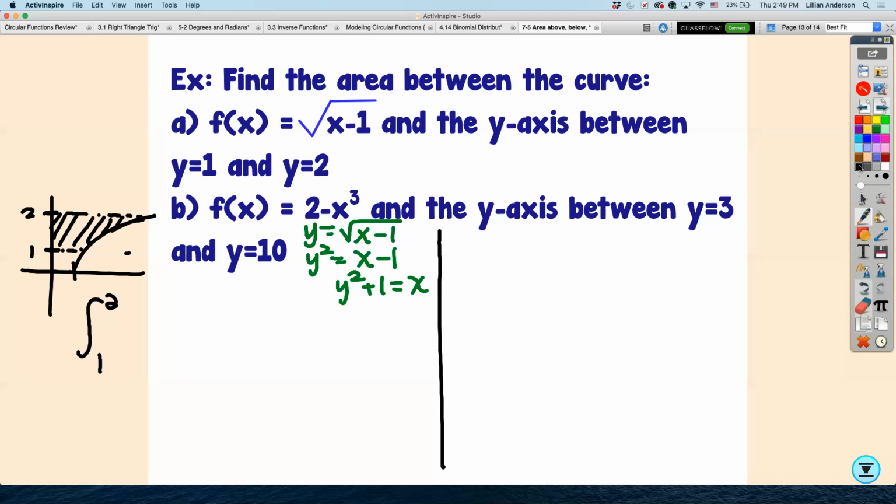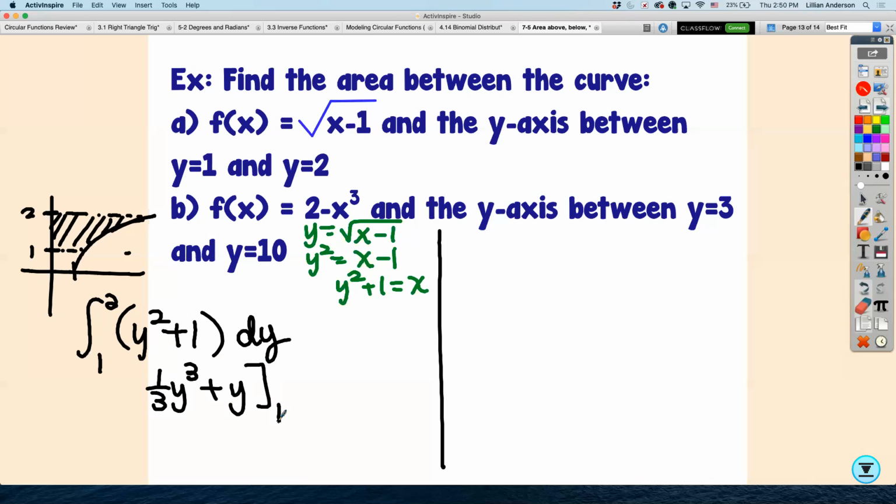So the function that I'm going to take the antiderivative of is going to be y squared plus 1, and it's not going to be dx, it's going to be dy. And then we just integrate it like we normally would. What's the antiderivative of y squared? 1/3 y to the third power plus 1. And I'm going to evaluate that from 1 to 2.